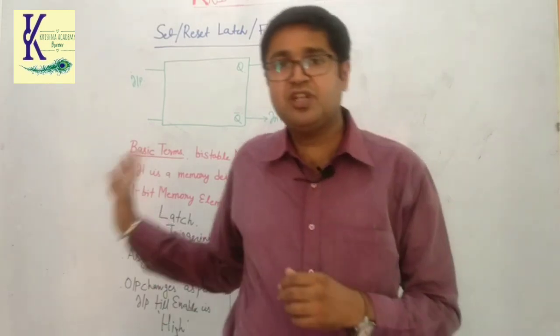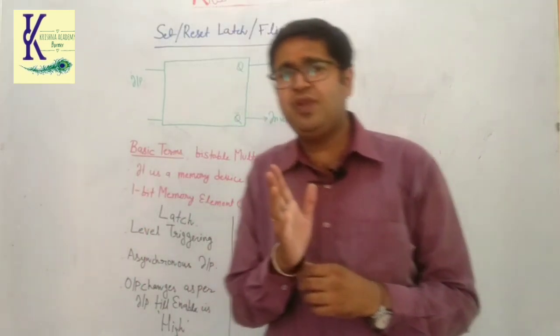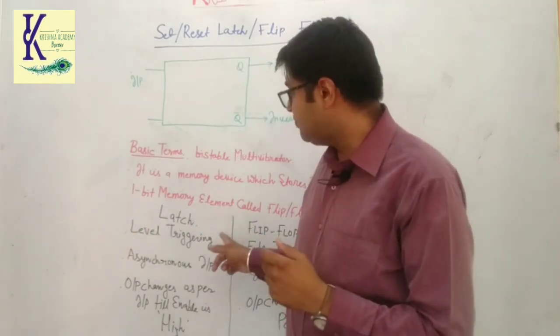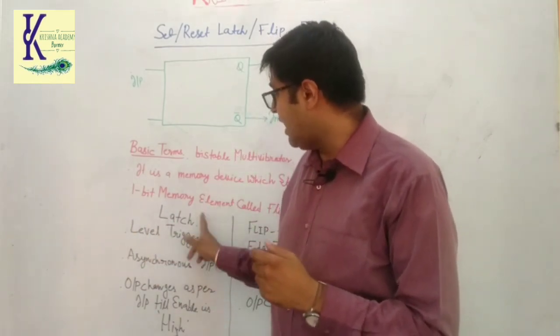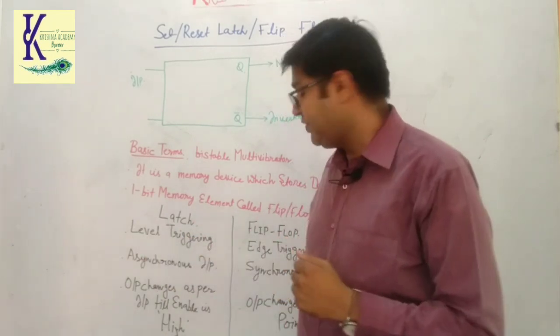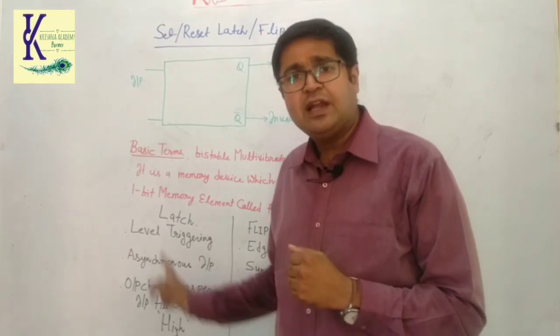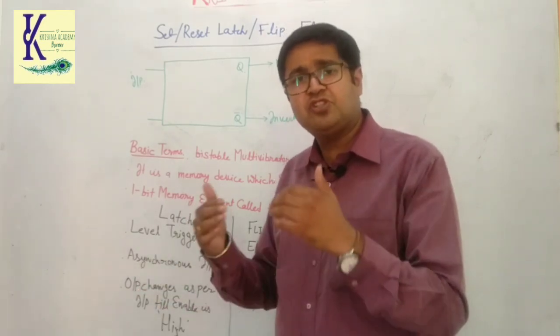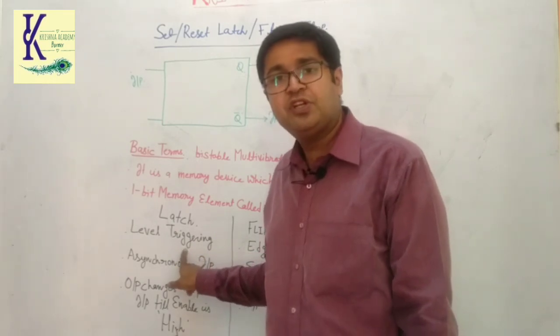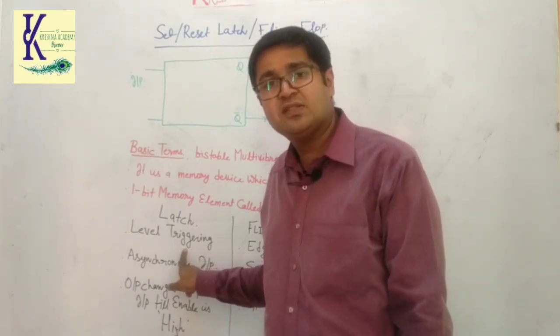I have illustrated the basic three differences between flip-flops and latches. The first one is that in latches the output changes by level triggering: due to the change of levels, the output will change in that memory device.